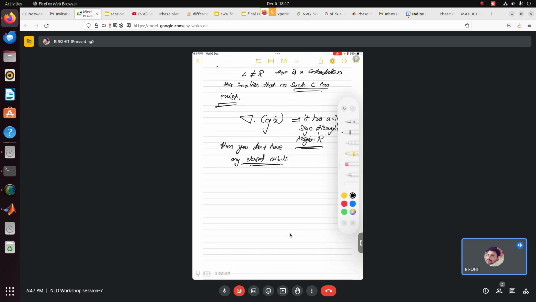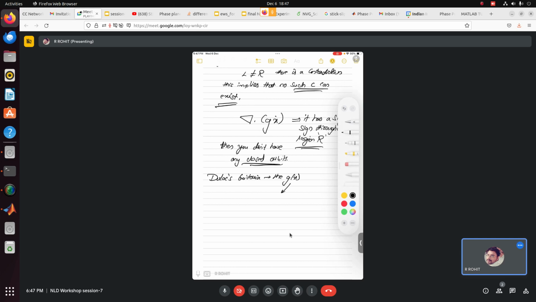Here also, one of the main issues in the Dulac criteria is finding the function g of x; there is no standard algorithm to find the g of x.